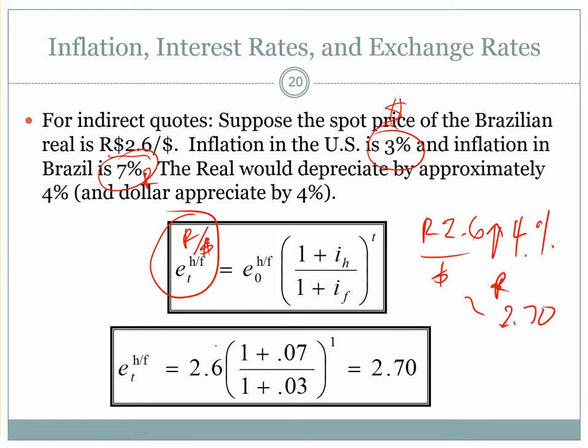And here's the equation to do that calculation. 2.6 reais per dollar, all I need to do is do real over dollar inflation. That gives me a new real per dollar exchange rate. I expect the real to go from 2.6 to 2.7, which is an appreciation of the dollar, a depreciation of the real.